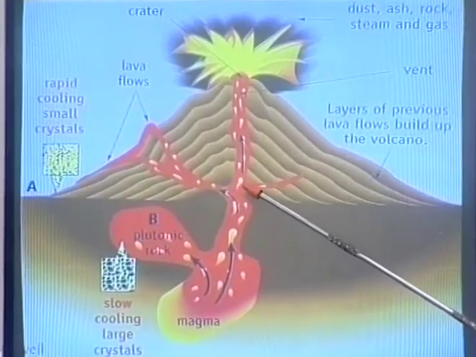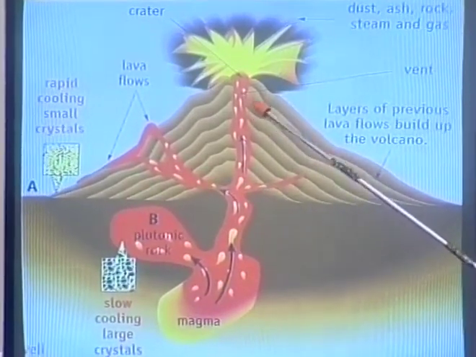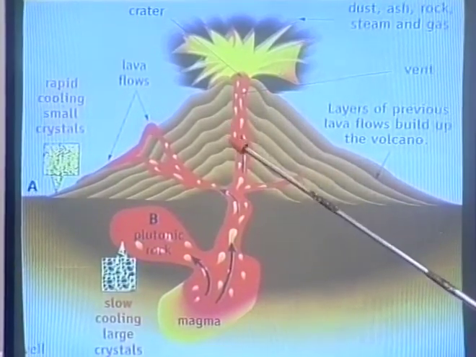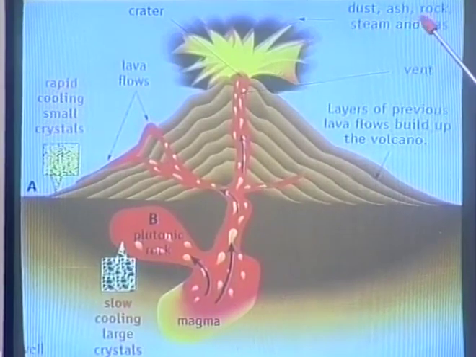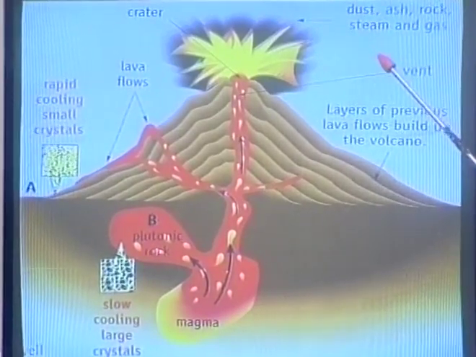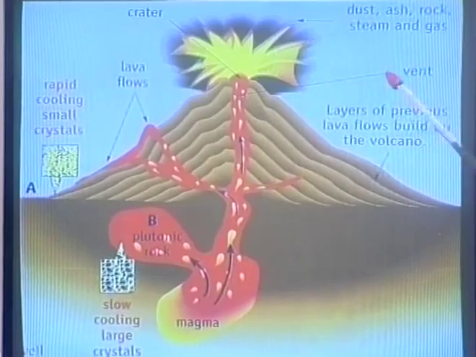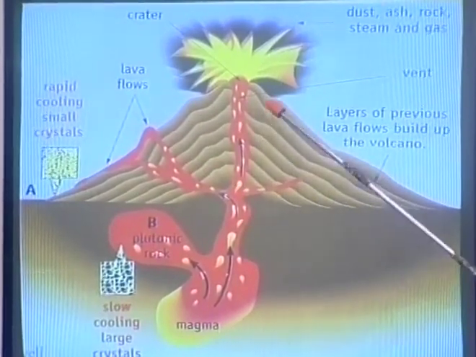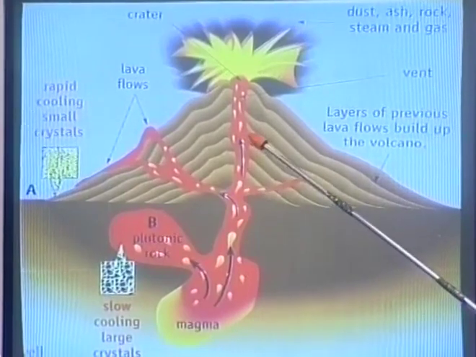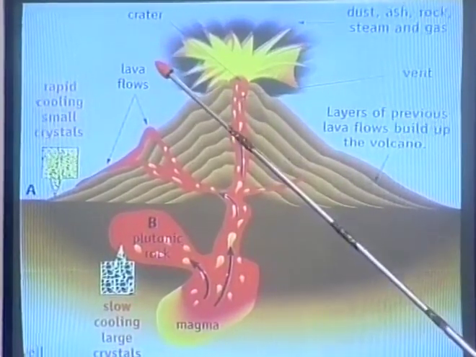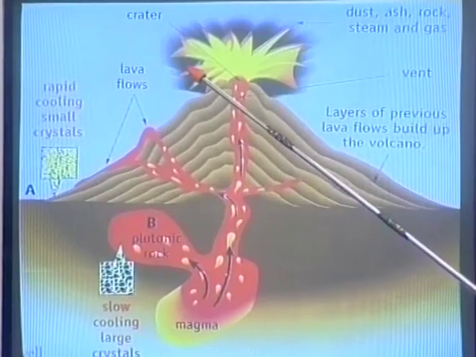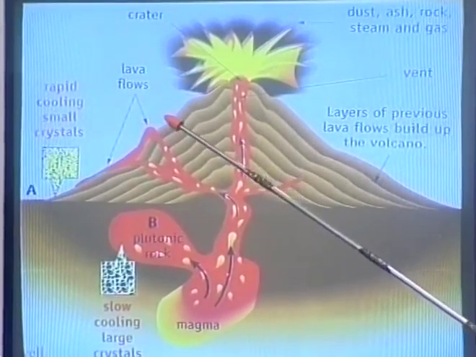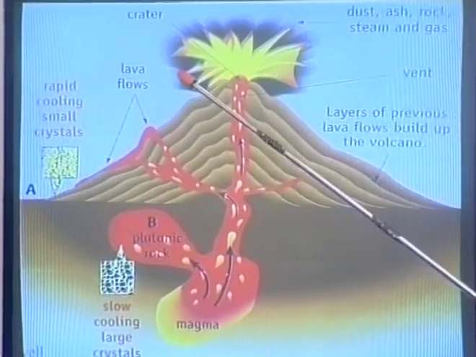Now, the other rocks: when a volcano erupts, it throws out some rocks, ash, dust, steam, and gas. And among these, some rocks are thrown out, or the gas or the liquid lava, when it's thrown out, it cools down very quickly to form some other igneous rocks too.